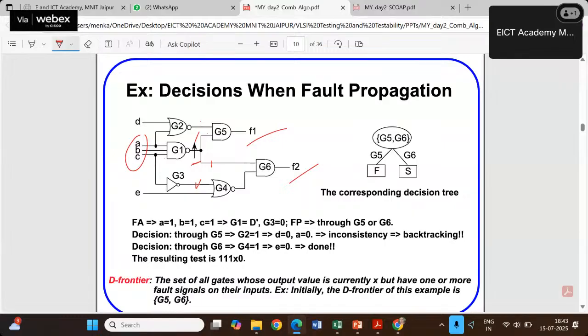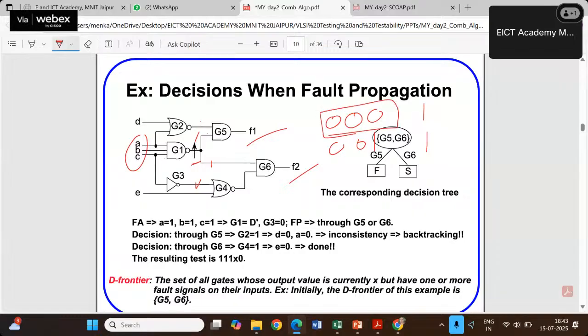There are multiple combinations. This is a 3-input NAND gate. So if all of these inputs are 0, 0, 0, the output is expected to be 1. 0, 0, 1, the output is expected to be 1. And likewise.